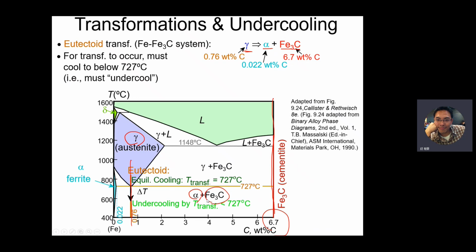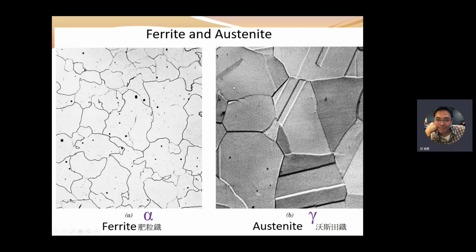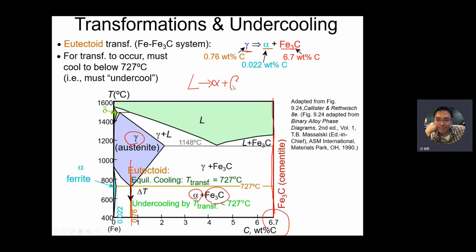So where is the eutectic reaction? What's the definition of eutectic? Eutectic means a single liquid transforms into what? Two solids.